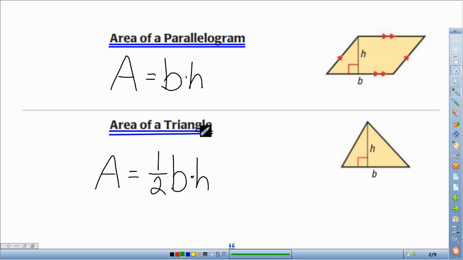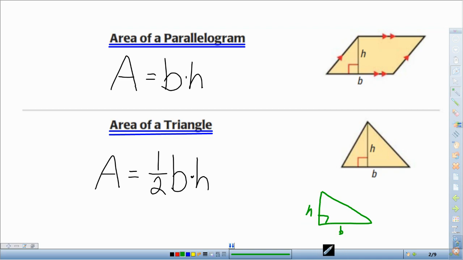When it comes to a triangle, it's very similar, but the difference is it's 1/2 base times height. And again, the base and the height of a triangle will always be at a 90-degree angle. Depending on the shape of a triangle, sometimes the height will be shown inside of it. Sometimes, say I had a triangle like this, the height will be outside of it.